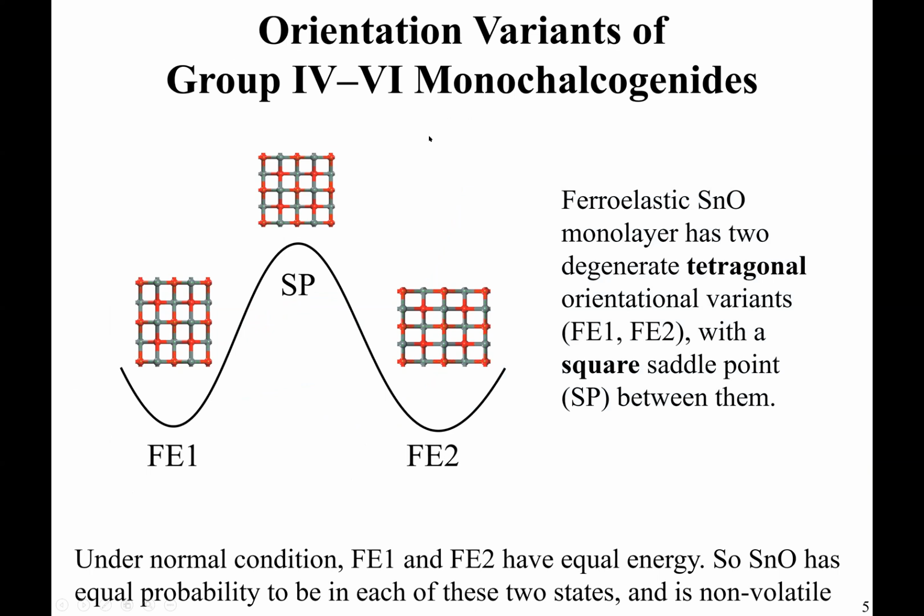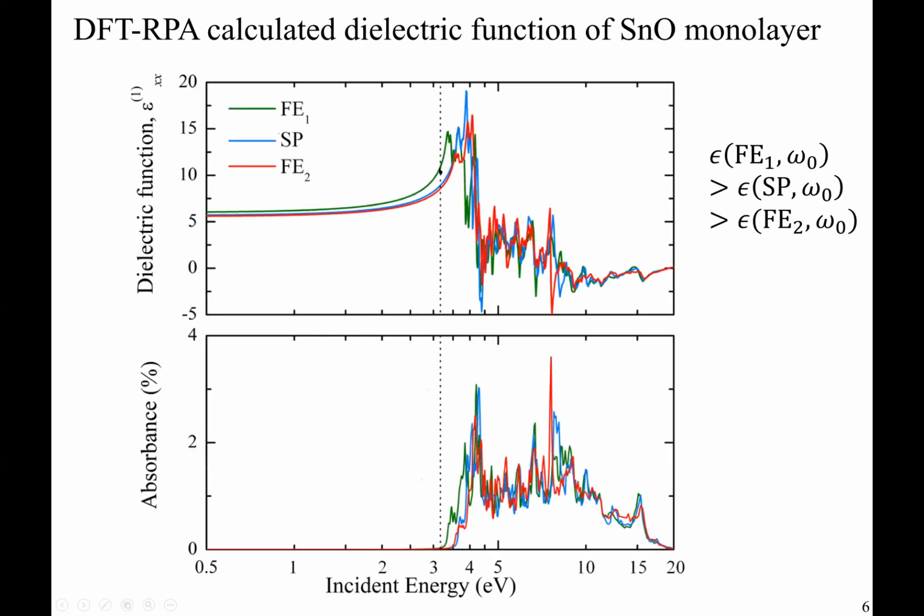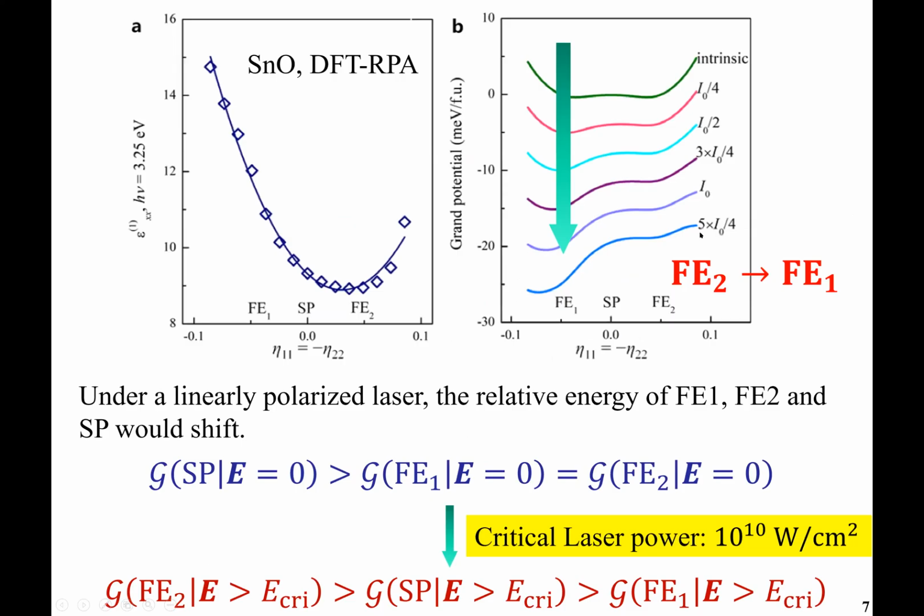So for example, if we take a tin oxide monolayer, which has two tetragonal ferroelastic variants with a cubic saddle point, then under illumination, because in the X direction one variant has a bigger real dielectric function than the other at a near edge frequency, this can cause a barrierless transformation under a critical laser power that is very easily experimentally achievable.